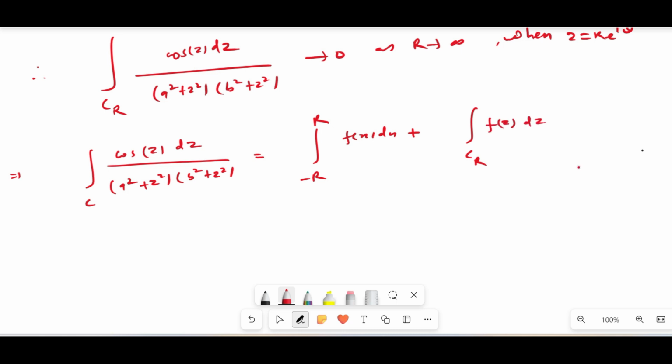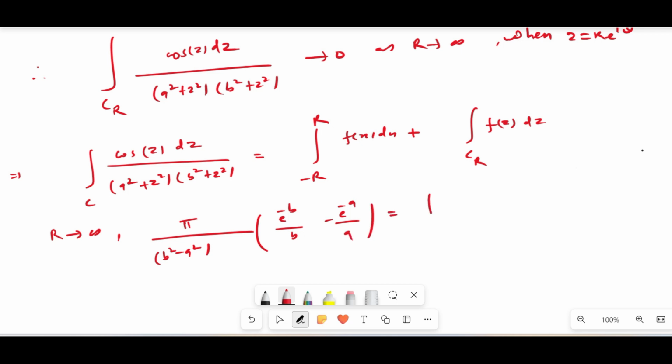So now as r tends to infinity, this value is going to be pi upon (b square minus a square) times (e to the power of negative b upon b minus e to the power of negative a upon a), equal to the integral from negative infinity to infinity of f(x) dx.